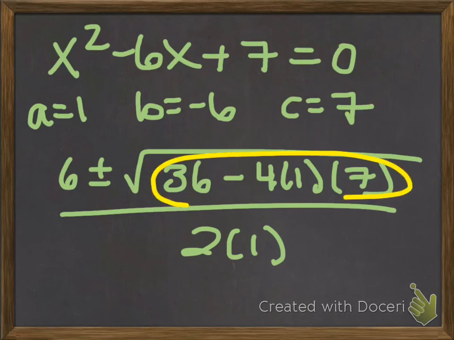I'm going to do inside here first, typing it in my calculator as I see it. 36 minus 4 times 1 times 7. That's going to be 36 minus 28, which is equal to 8.